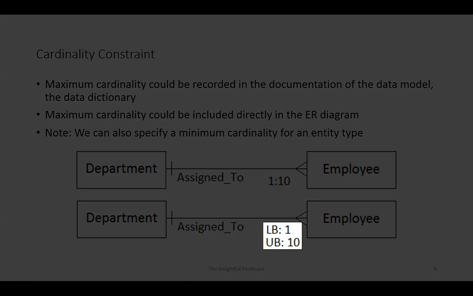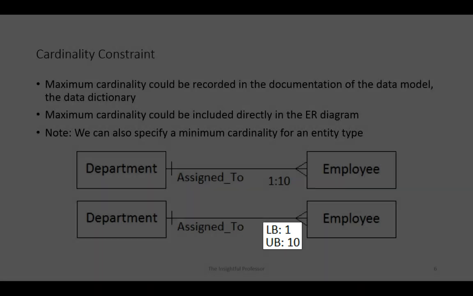We also could modify the way that we express this upper limit and lower limit by using a notation that I've seen in some diagrams, LB for lower bound, which would be our minimum, and UB for upper bound, which would be our maximum.